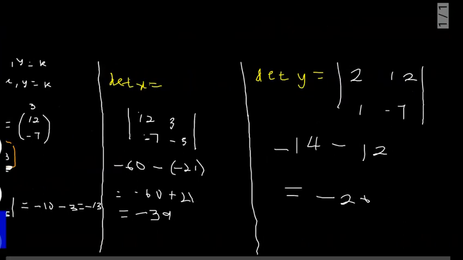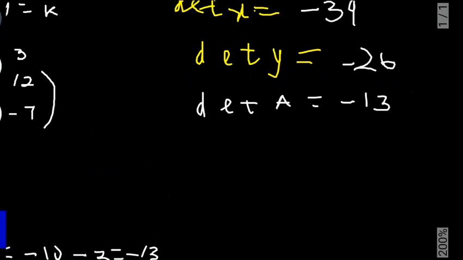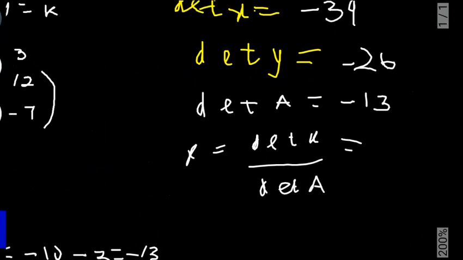So now that we have our determinants, how do we get the value of X and Y? To get the value of X, it would be determinant X over determinant A. Determinant X was -39 and determinant A was -13.